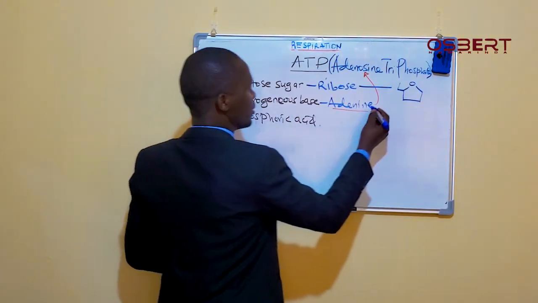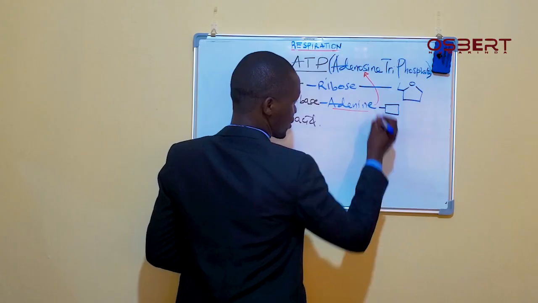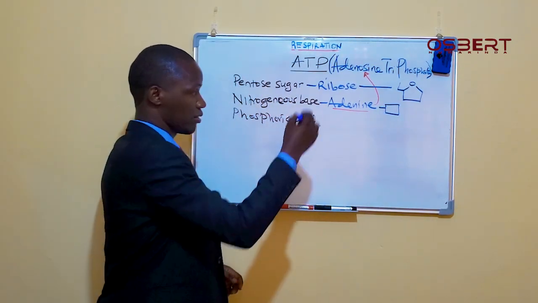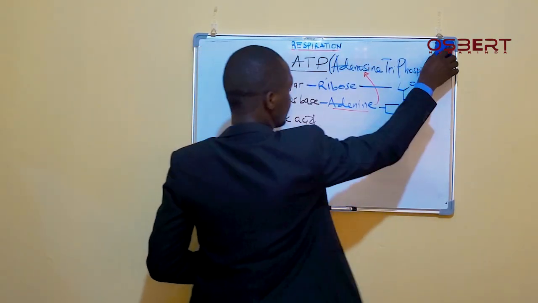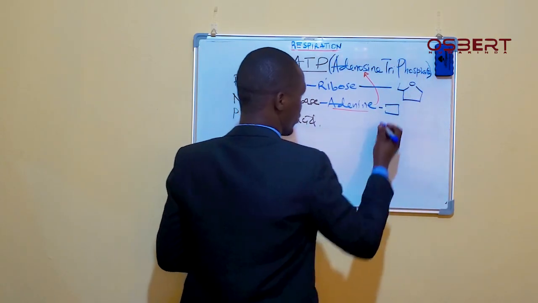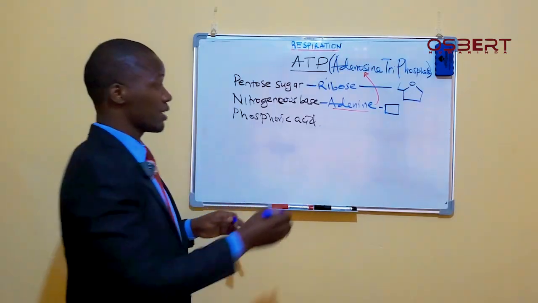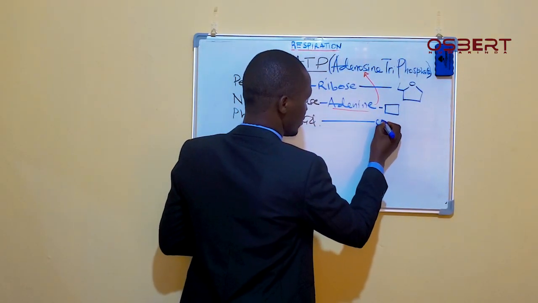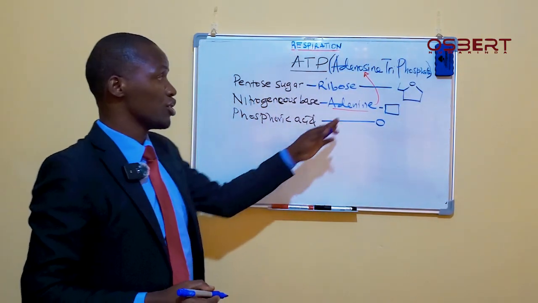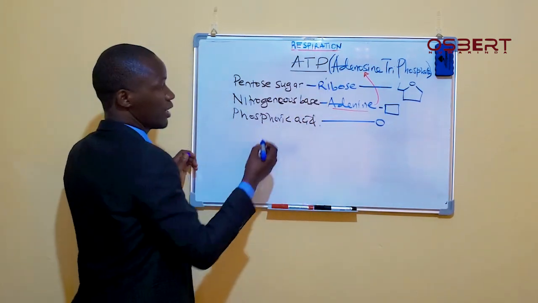And then our adenine. I'm going to represent it using a box, a square like that, and I'll represent my phosphoric acid as just a circle. These three combine in forming the ATP.